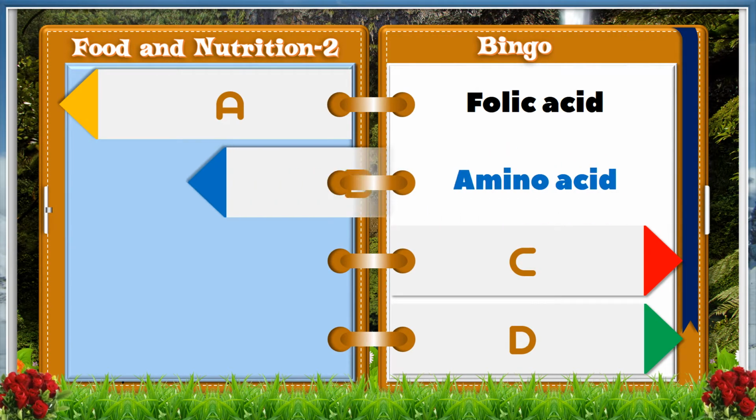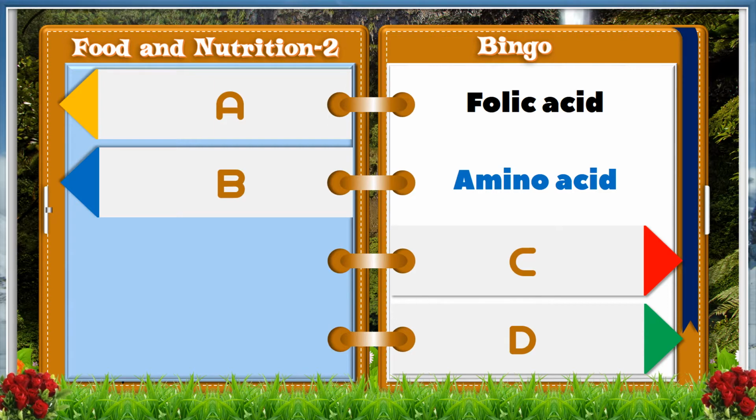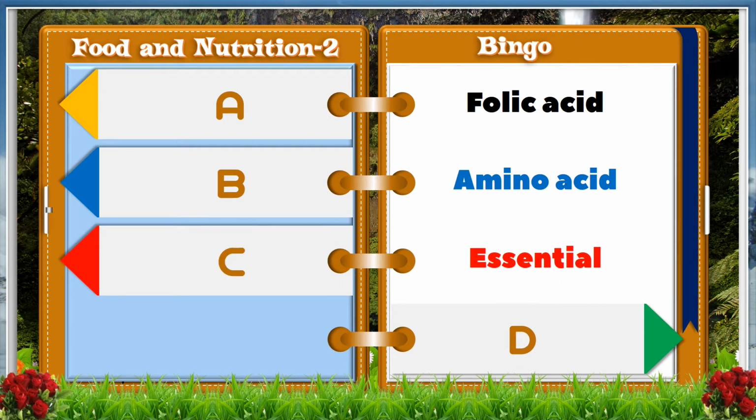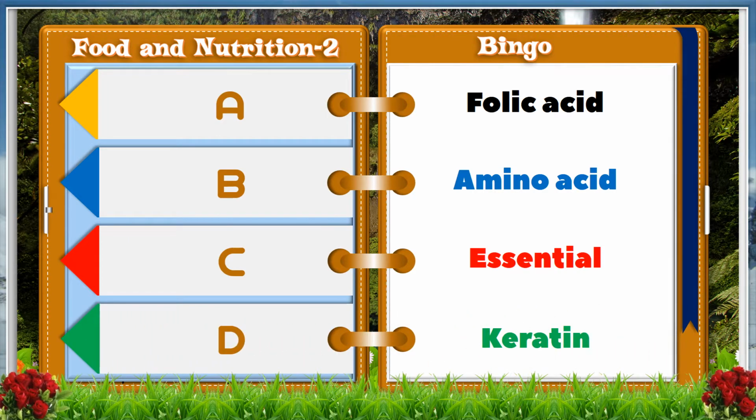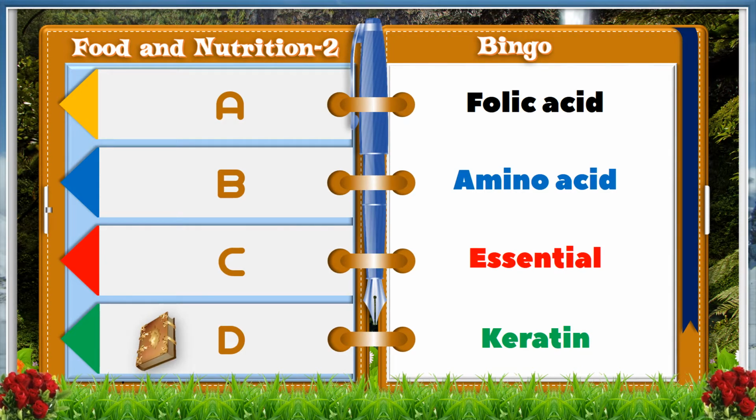Option B, amino acids. Option C, essential. Option D, keratin. The answer is D, keratin.